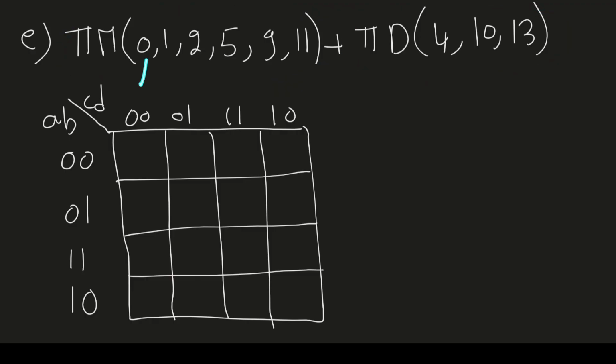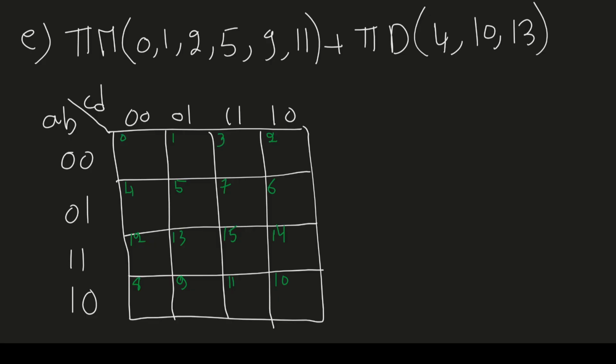So let's start with these. Let's number them in this case. So this is our 0, 1, 2, 3, 4, 5, 6, 7, 8, 9, 10, 11, 12, 13, 14, and 15.